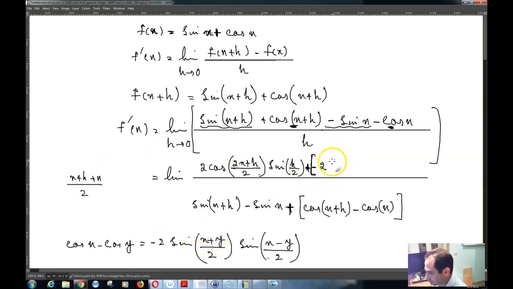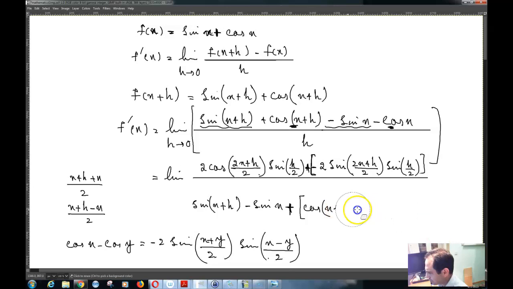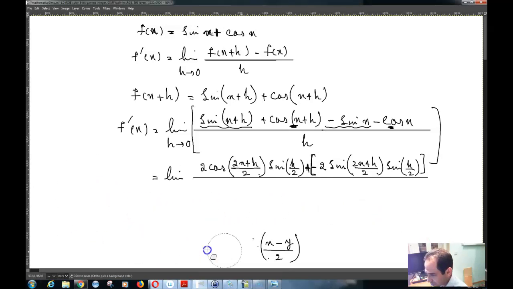So negative 2 sine of 2x plus h divided by 2 times sine of x minus y divided by 2, which is x plus h minus x divided by 2, which is again h divided by 2. And then you need to divide this by h as h tends to 0.